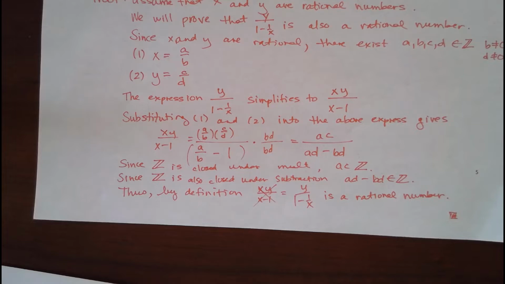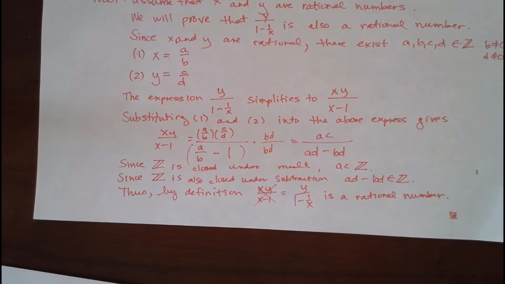Being closed said if I take two things from the set and then I apply the operator to them, the answer that I get will also be in that set. So for instance, it's closed under addition because if I take an integer and another integer and then I add them, the answer that I get will always be an integer. There's no way for it to be something else that's not an integer. Okay, but remember we said it's not closed under division.